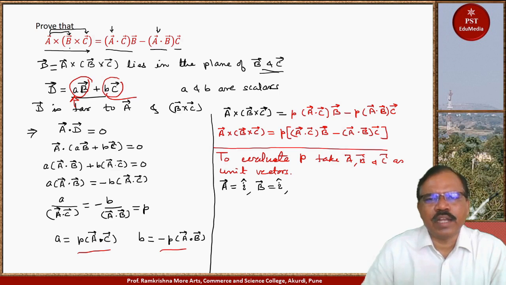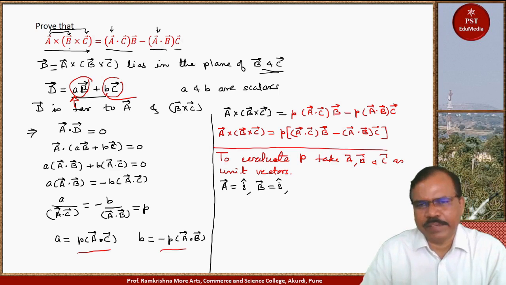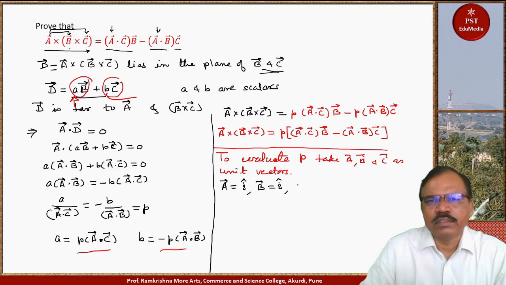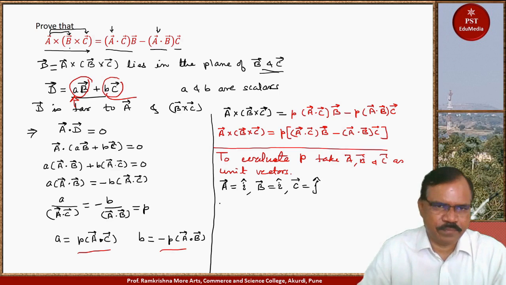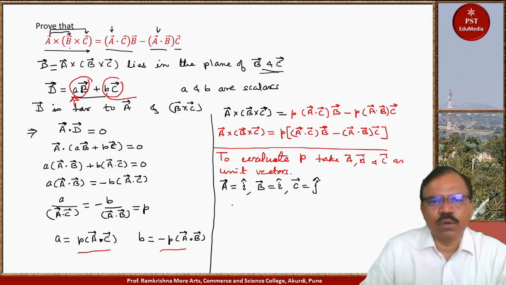We know you can take the dot product of the same vectors, no problem in that. C is equal to, suppose we take unit vector J. Now we can find A cross B cross C.